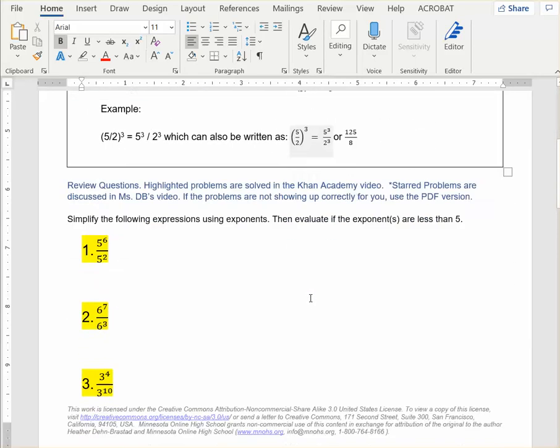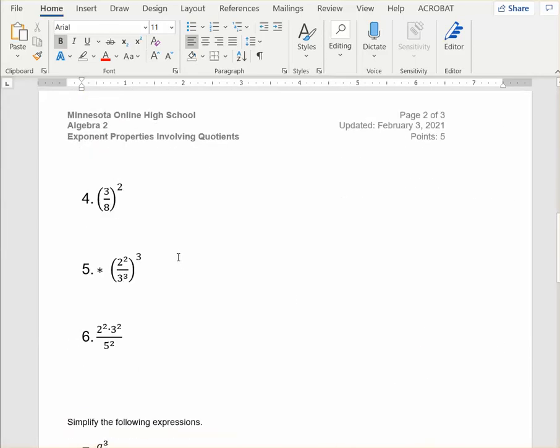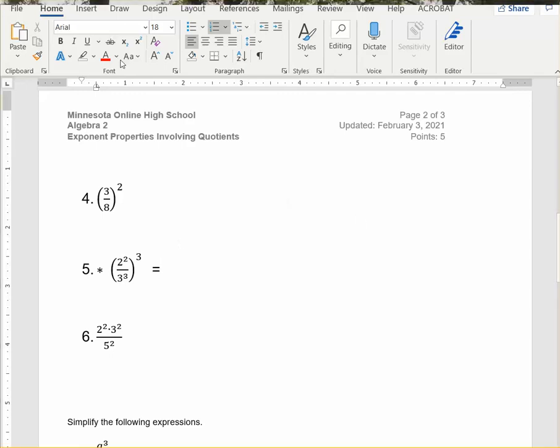Or, of course, if you printed this, or if you're working on your own paper, then you can write with pencil or pen. Or if you have a drawing pad or a touchscreen, then you can write this using a pen tool. All right, so I'm going to use my drawing pad.